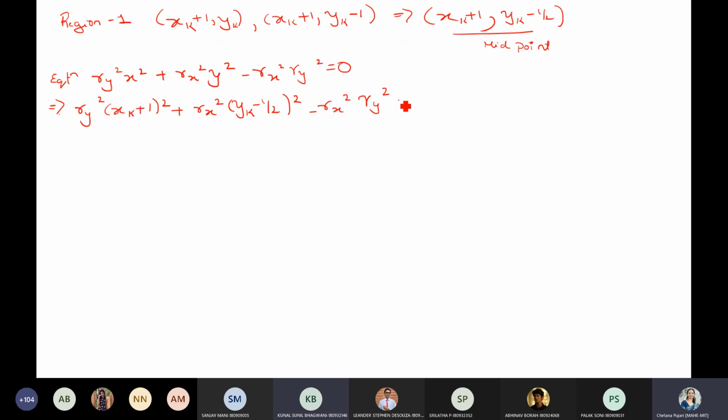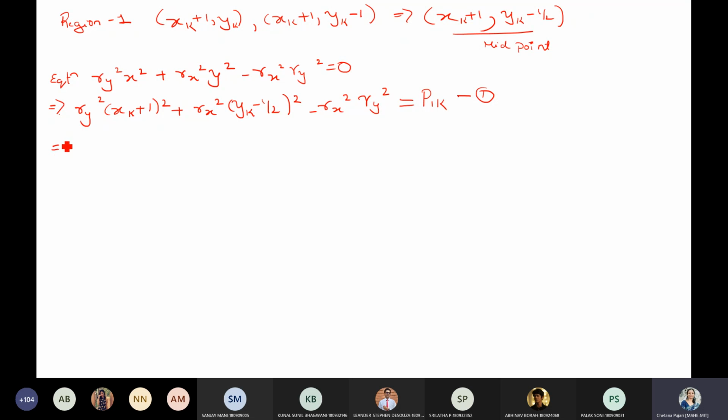Let's call this P1k. This is our decision parameter P1k, because we have to calculate region 1 and region 2. This is our equation 1.